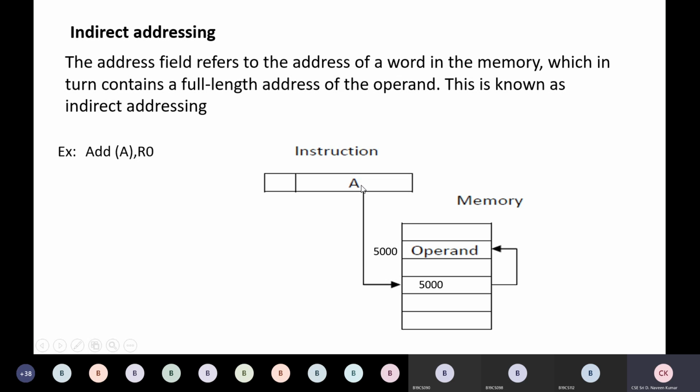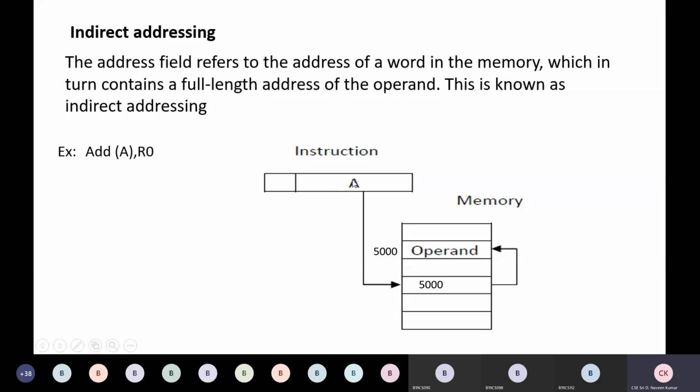It's something like asking your friend. For example, I ask my friend, where is the address of Raghu? He gives the address, so I go to that address and find the actual person. We call this indirect addressing. In simple terms, it contains the address of another address.